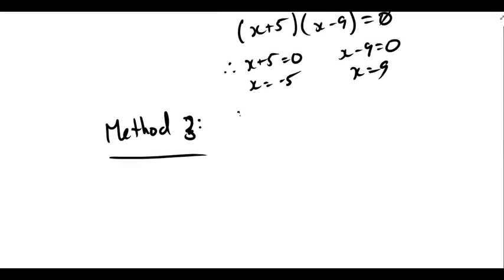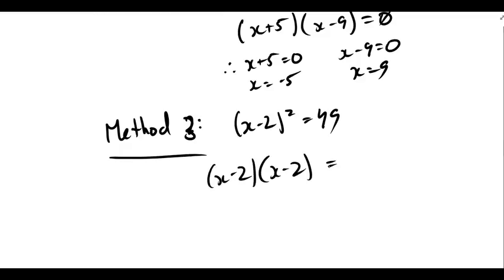So method 3: x minus 2 squared equals 49. I'm going to expand and simplify. This is x squared minus 4x plus 4 minus 49 equals 0.